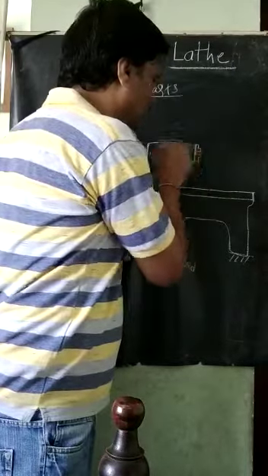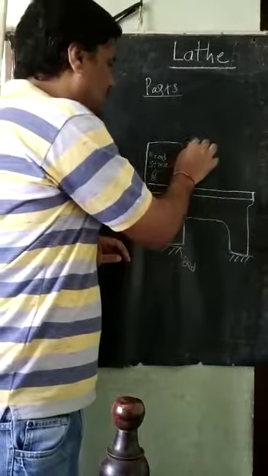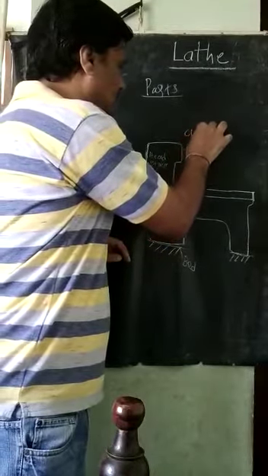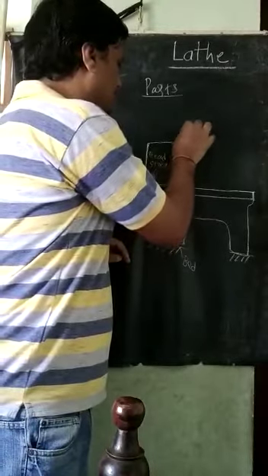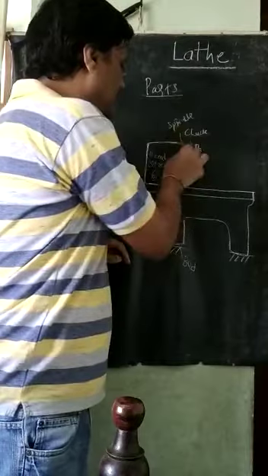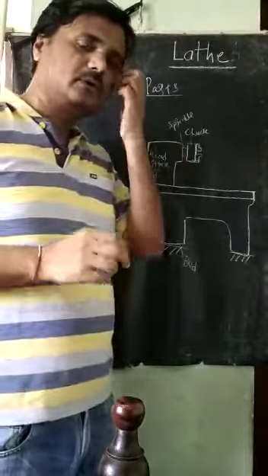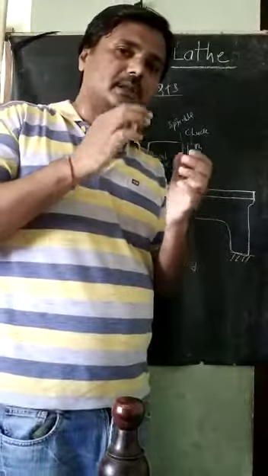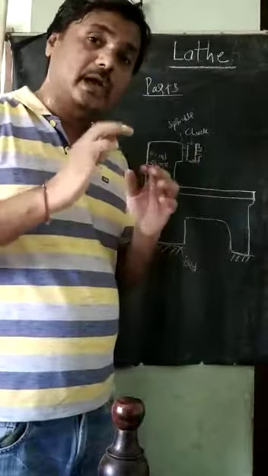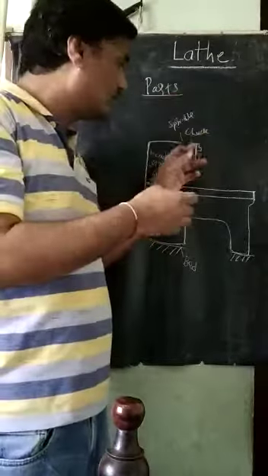So this is a chuck, and this is called the spindle. This spindle is connected to the motor. In between the motor and spindle there is a gear arrangement, so that we can give a different variety of speeds to this spindle.